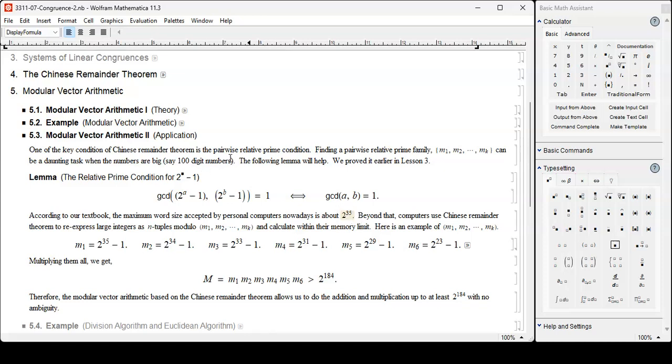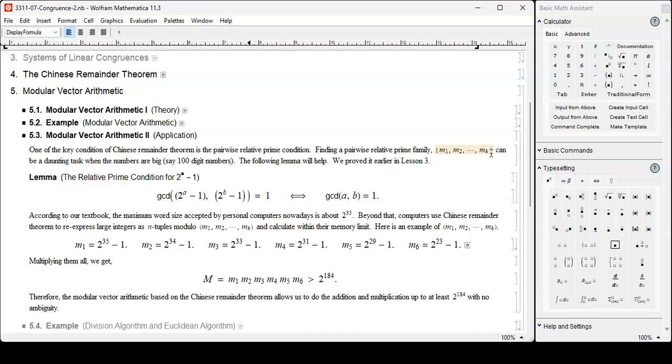So if you have some really big number, kind of like a Google kind of number, 100-digit numbers, how do you do those kinds of computation with computers that can handle only up to 2 to the 35th power? Well, one way to do that is to set up these moduli, m1, m2, m3, and so on, so that you can use the Chinese remainder theorem to expand your capacity as you did in the previous example.